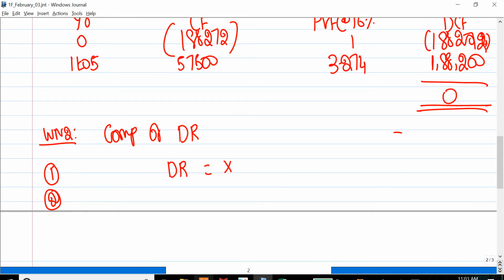The sensitivity percentage for cost of capital is 60%.